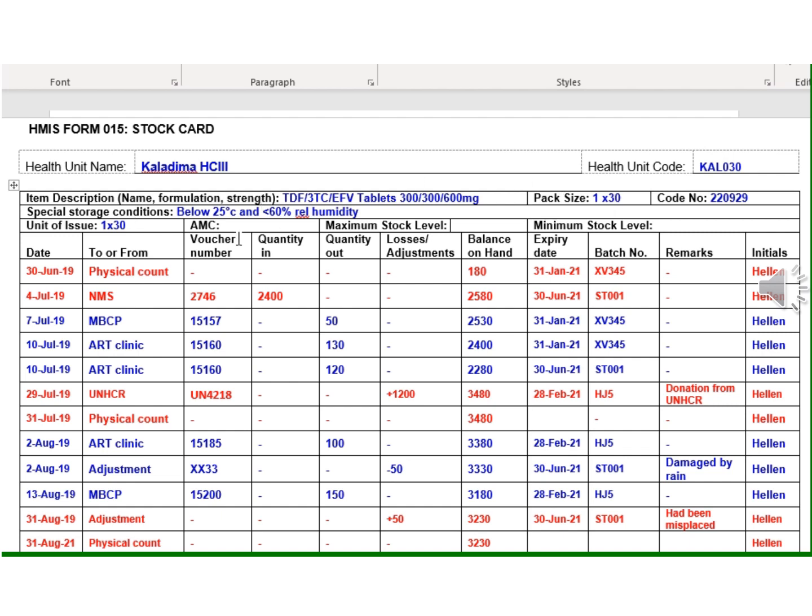We explained it can be used interchangeably, but it might not be necessary sometimes. Whereas you may have a pack size defined, but for some reason or the other, a store person or a health facility might prefer to issue out the smallest unit.